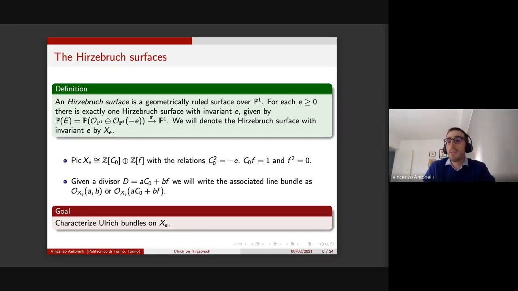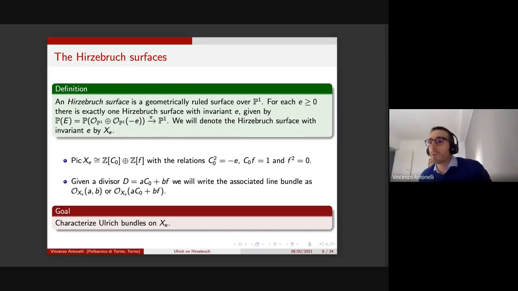And the way to do that is typically to try and construct them. So you try to construct Ulrich line bundles, which are, let's say, not that common. And then you try to construct rank two Ulrich bundles. So you try to show that the variety supports this vector bundle by constructing them.